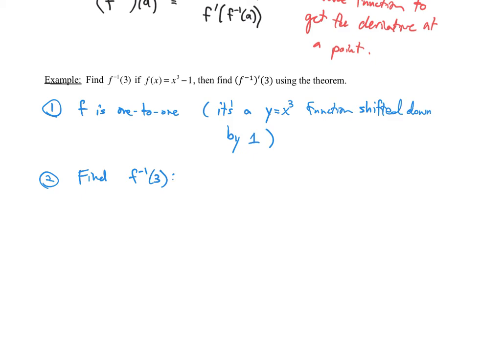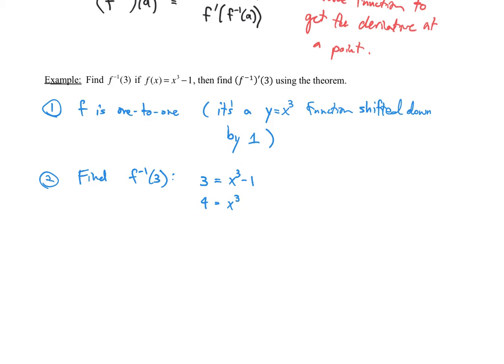Well, I'm going to take my original function, which was x cubed minus 1, and I'm going to set that equal to the value of 3. I want to see what x value is going to map to 3. So I simply need to solve this equation. I add 1 to both sides, which gives me 4 is equal to x cubed.